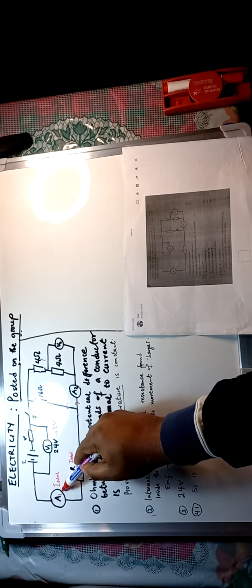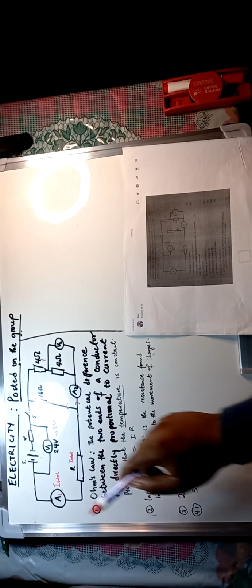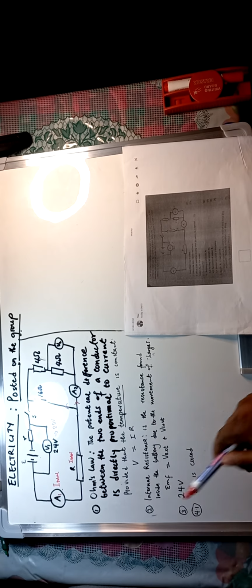So the total current will flow through here, but I don't know what that total current is. And this is the very first thing you have to do when you are given a diagram: before you even go to the question, make sure you analyze the diagram very well and understand what information the diagram is giving you. And that is exactly what I'm doing.